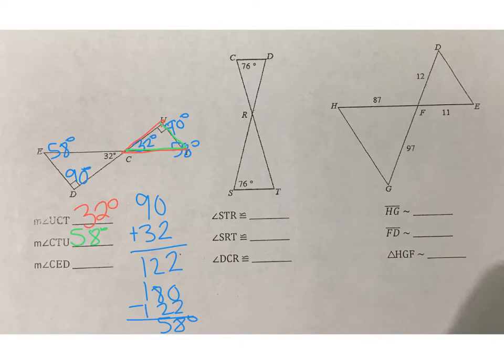And then angle CED is also 58 degrees. Okay, so hopefully you can see that. This one's going to be congruent to this one. So notice it's like flipped. So then these 2 are congruent. Notice I'm going to do my little 3 lines.